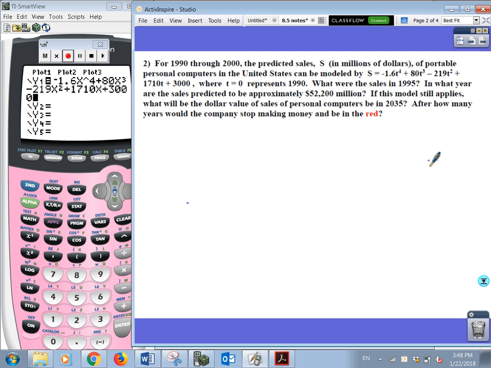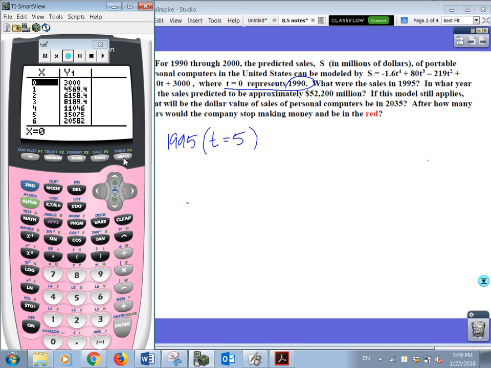All right, so the first question says, what were the sales in 1995? Well, if t equals 0 represents 1990, that means 1995 is the same as t equals 5. So we just go to our table and look where t equals 5. Second graph, we go down to 5, and there is our value. Now it's important to know what it's in.